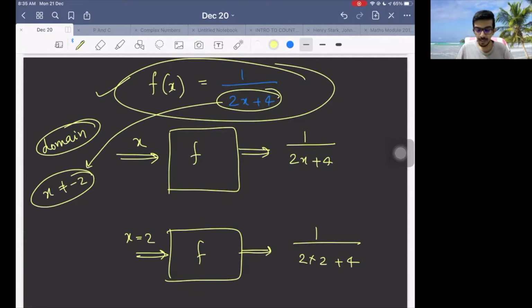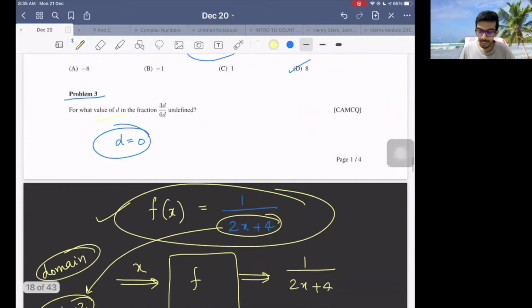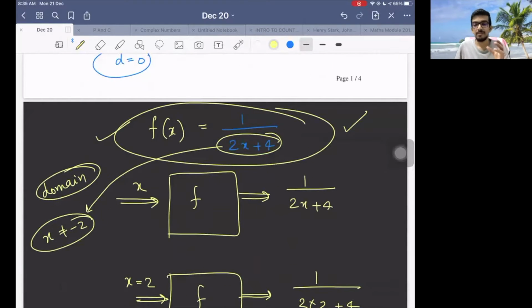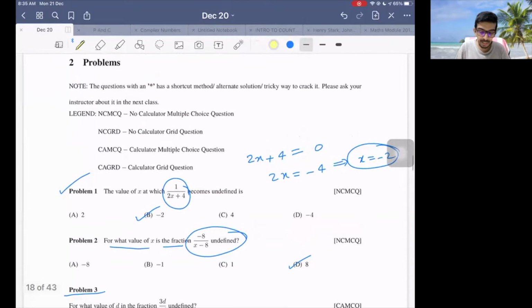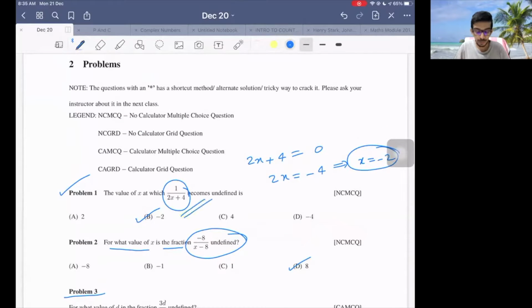What did I just say? If I represent this expression as a function, we represent it as an input-output relationship. Here we said that this expression becomes invalid when x is equal to minus 2.